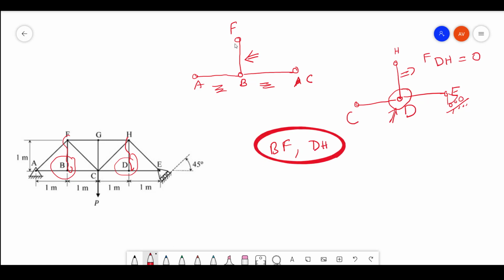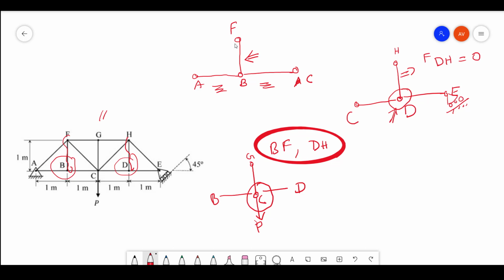Now let's check out another thing. For example, if you look at CG, even though it has similar aspects to these other two joints, at C it has a force like this. So at point C, since you have a non-zero force here, we cannot consider this.